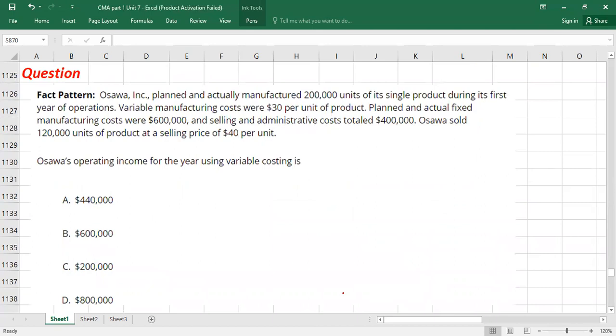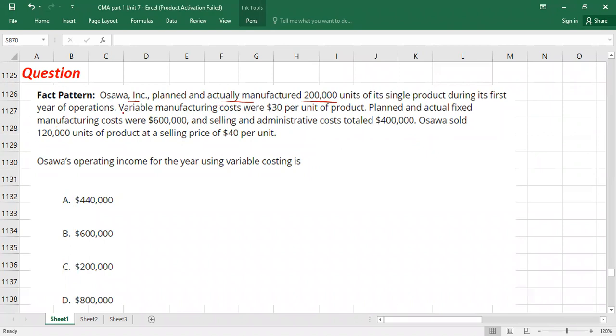Again, take time, read the question and try to solve, and then I will discuss. Let's read the question. The company actually manufactured how many units? 200,000 units of its single product during its first year of operation.